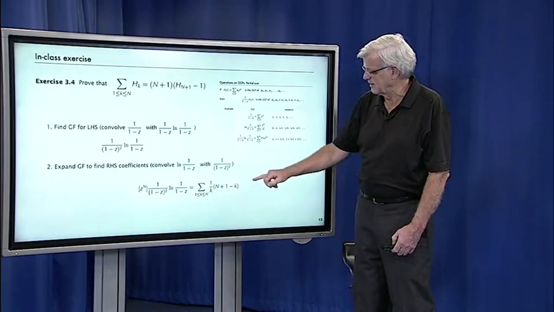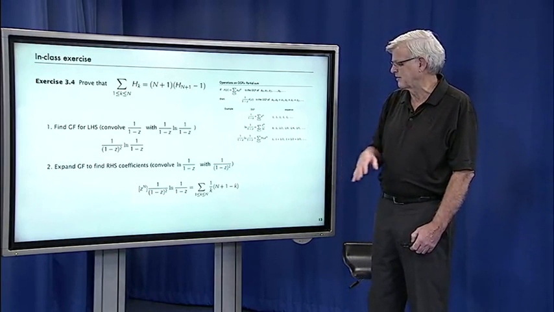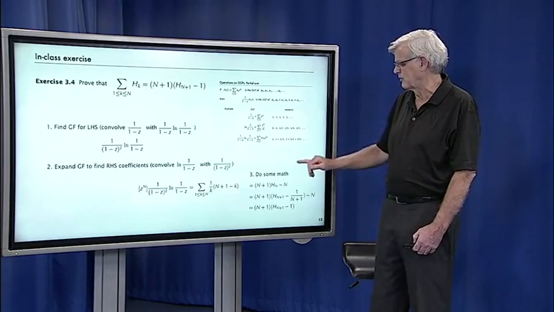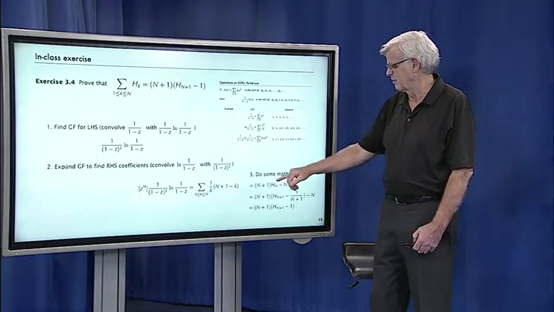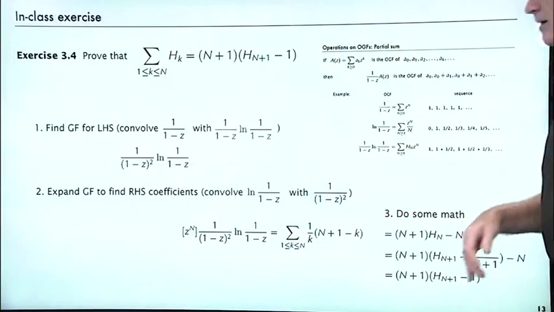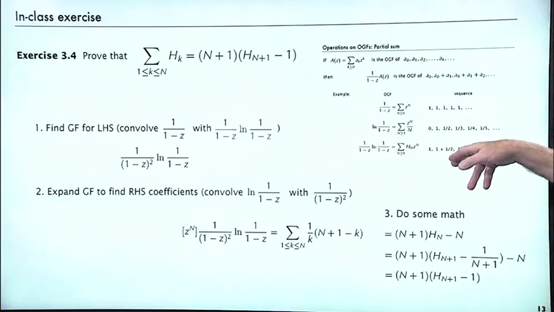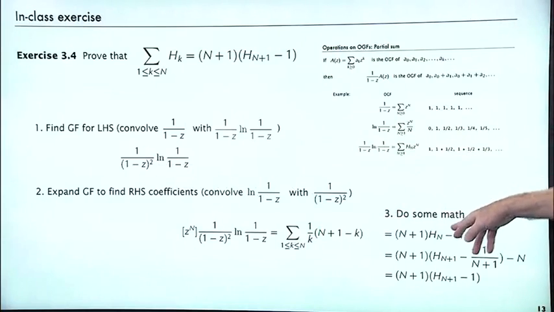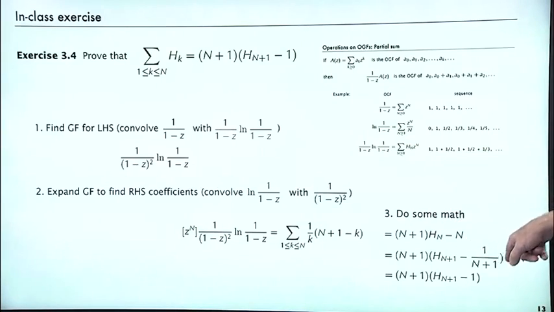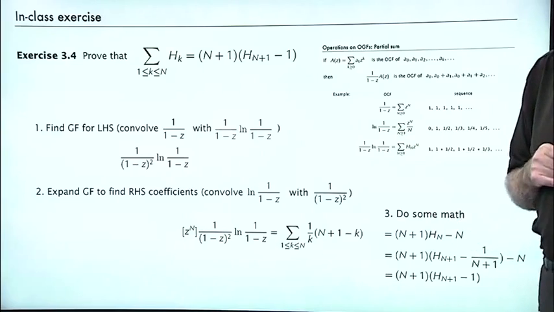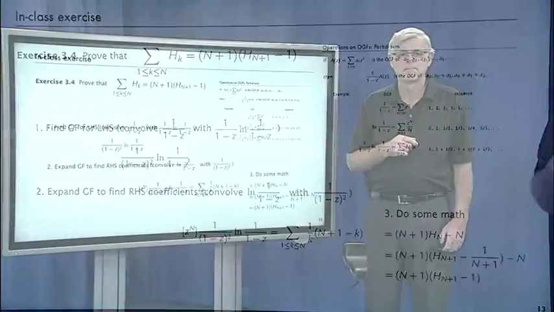It's a sum, but all the pieces of that sum we can do. We just have to do a little bit of math. It's n plus 1 times h sub n, that's the first term, and then minus k over k, and there are n terms, so it's just minus n. And then we just need to note that h of n is h of n plus 1 minus 1 over n plus 1, and then a little algebra gives us the solution.